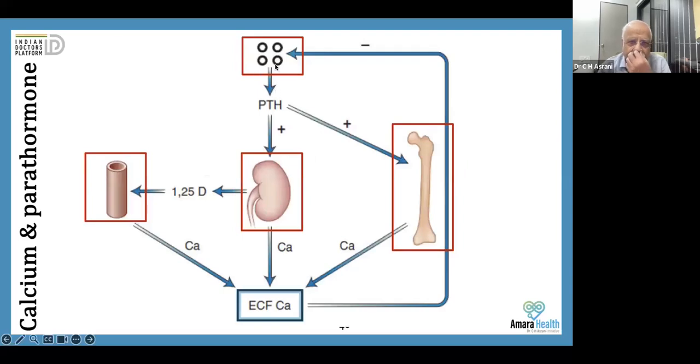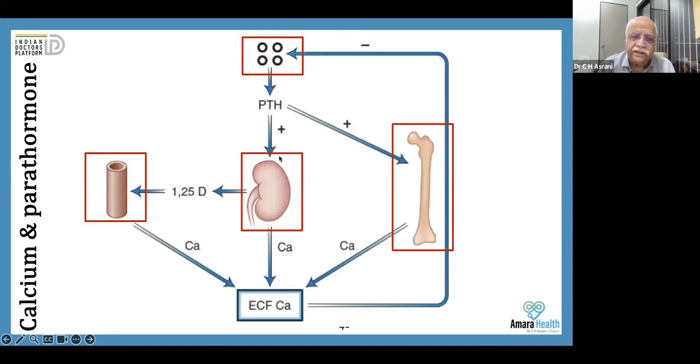So see this. Hypocalcemia in ECF will trigger parathormone, which works on bones and causes more calcium absorption. That calcium goes to extracellular fluid.